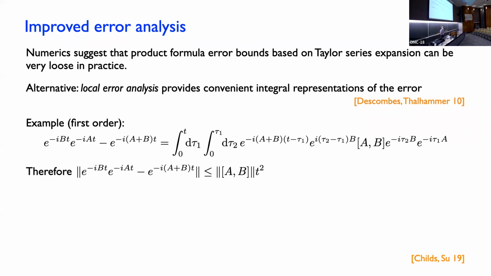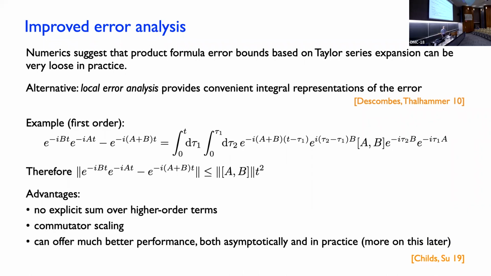So just using the triangle inequality, this allows you to upper bound the error in this approximation by something that scales with the commutator. This is what you would guess from the Baker-Campbell-Hausdorff formula, but that has higher order terms that it's not so clear how to bound. This local error analysis allows you to just see that the error goes like the commutator.